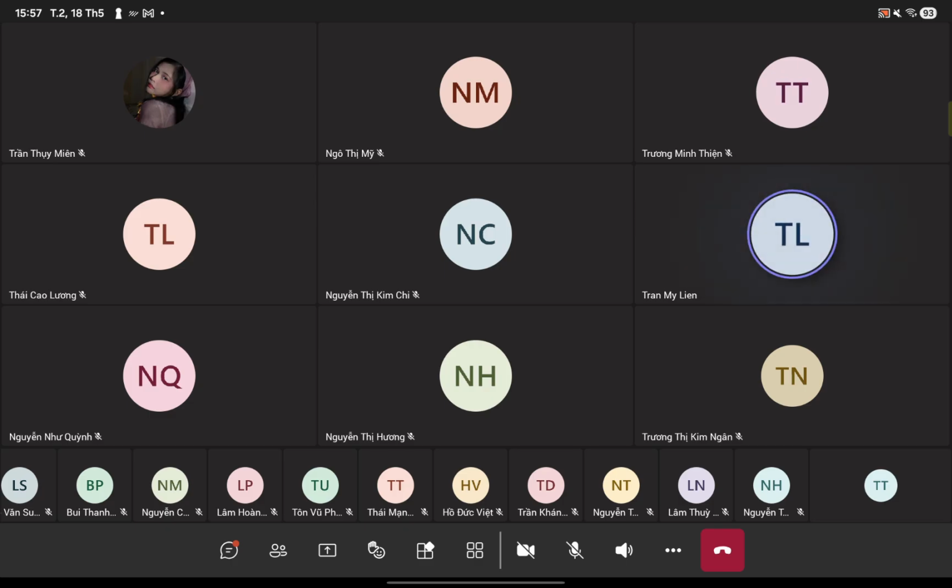Okay, the last task for the lessons today. Scan the code and do the review task.